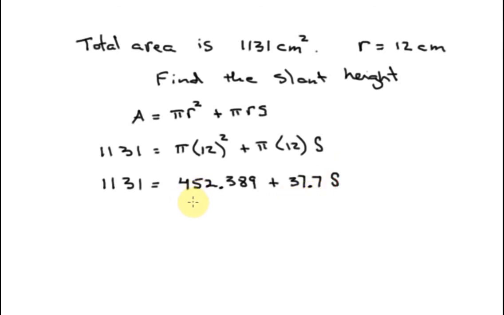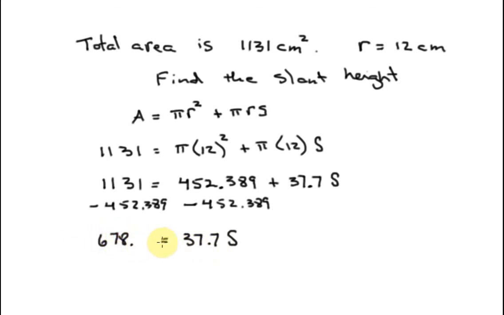So next thing I'm going to do is I'm going to subtract this extra number here to get rid of it. So I'm going to subtract it from both sides. So on the right side, I've got 37.7 times s. On the left side, I've got 678.611.